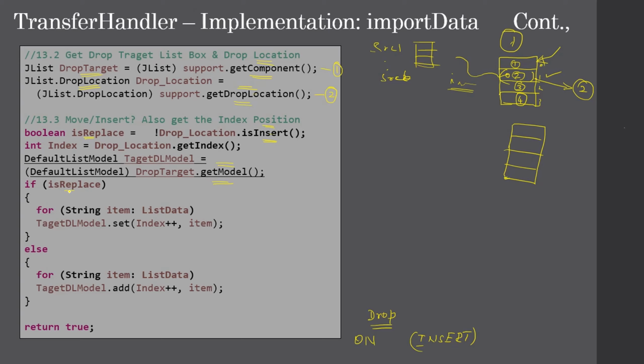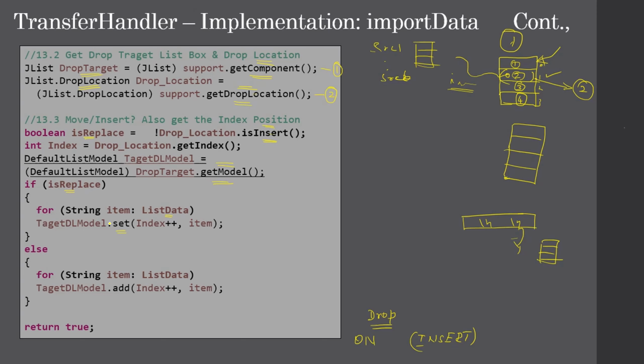Then if it is a replace, what we are doing: in the previous slide we saw the string list data, we received a string separated by newlines, and from there we have an array of strings, right? We iterate over that array. Then using this target list model, since it's a replace, we make a call to set.